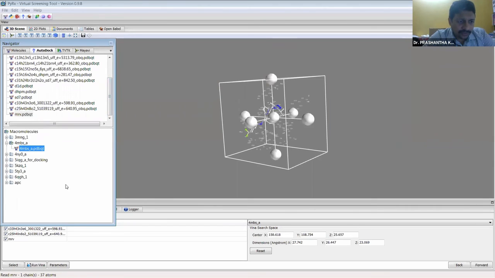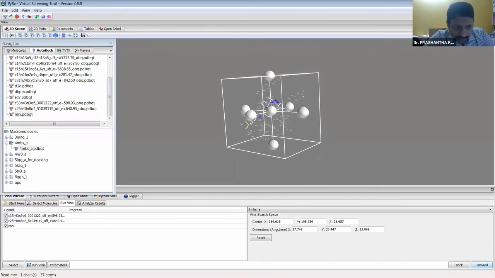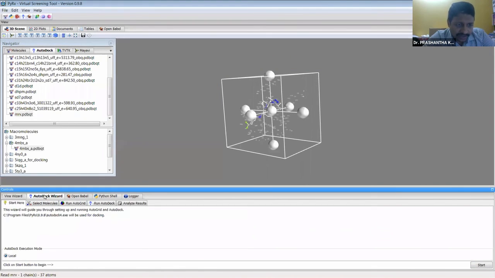Now once we set up this grid box, the next step is to click this forward. Now what are the ligands considered? We have considered these 3 ligands. So now the grid box setting is done, and the moment I say forward, the ligands will start to interact with this. If we are doing it with the AutoDock wizard, we have 2 separate steps here: run AutoGrid, then run AutoDock.